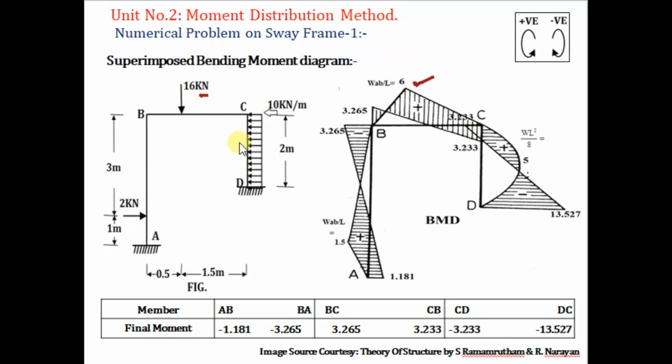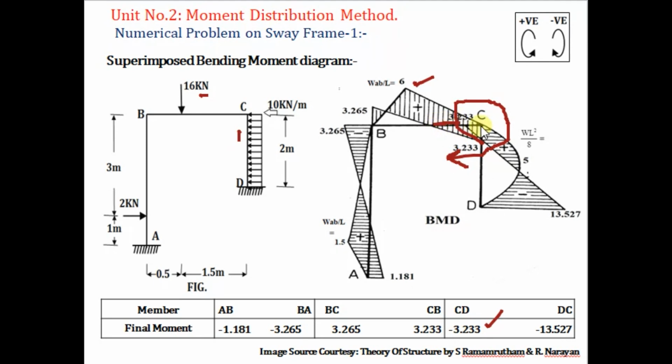Now next is vertical column CD. Now the end moments are minus 3.233. That means you have to rotate in clockwise direction. Keep a pen close to C and rotate clockwise about C. Minus is there, so the arrow coming toward the left hand side, so show the end moment toward the left.